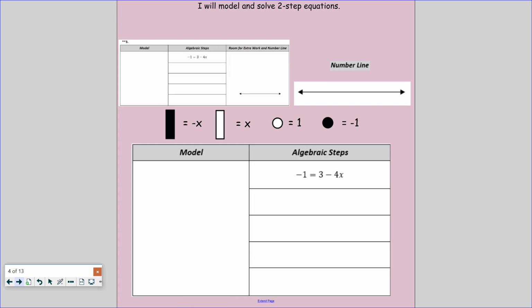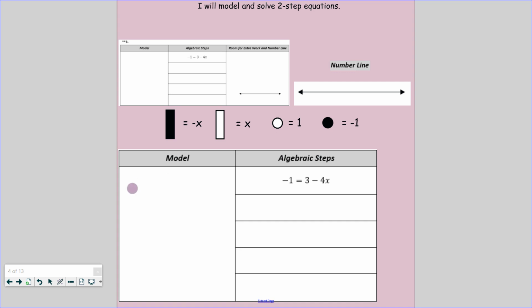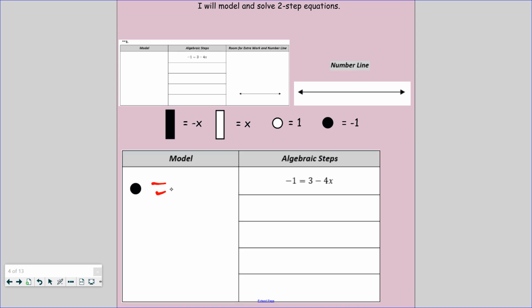So in this example, we have a negative 1, which is equal to 3 positives and negative 4x. So we need to isolate x here.